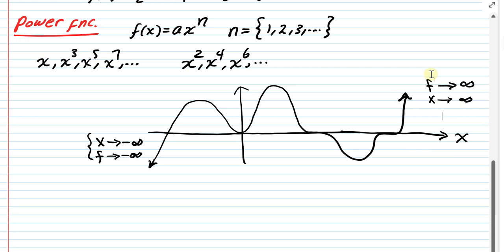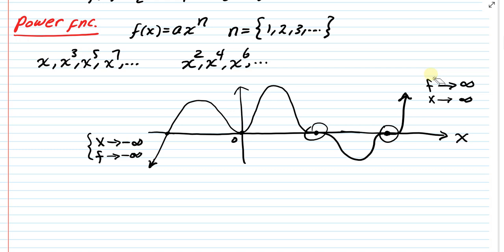The other important aspect of this is the following. See, these are the places where the graph touches the x-axis, and in some cases goes through it, here, here, and here, and over here at the origin it touches and bounces from it, right?